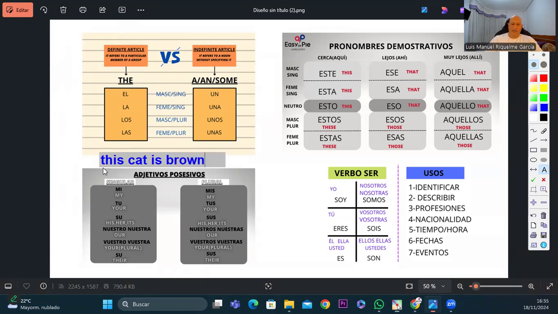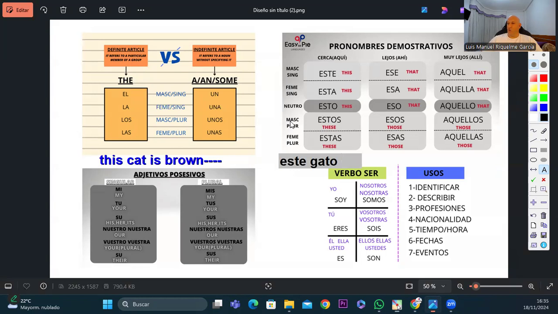This cat is brown. How would you say that in Spanish? Well, how do you say cat? Cat is gato, but you want to say this cat. So how do you say this for a male single cat? Este gato, this cat. And now we need the verb is.